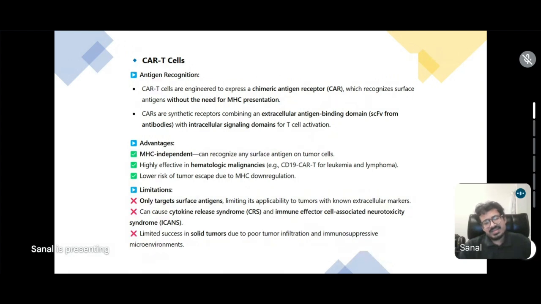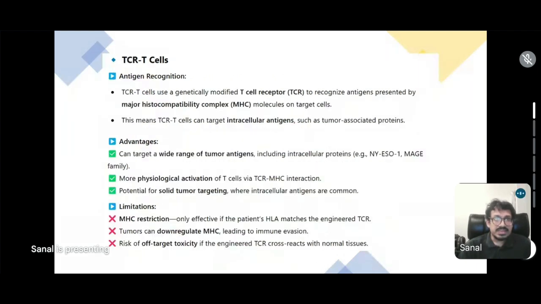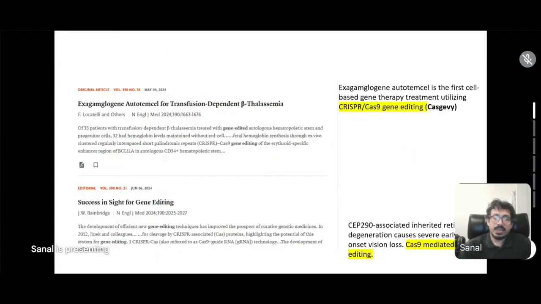CAR T cells do not use MHCs to recognize the protein which they are targeted against. On the other hand, TCR cells actually use MHC, recognizing the antigen present in a cancer cell using MHC. So they are more natural.